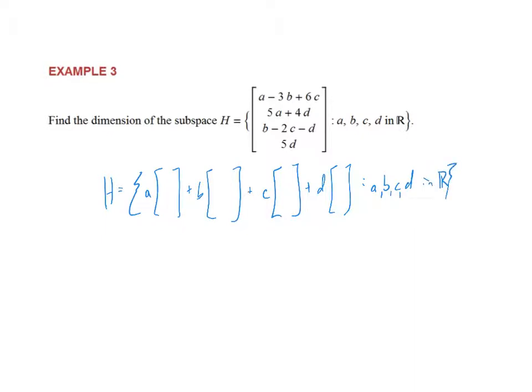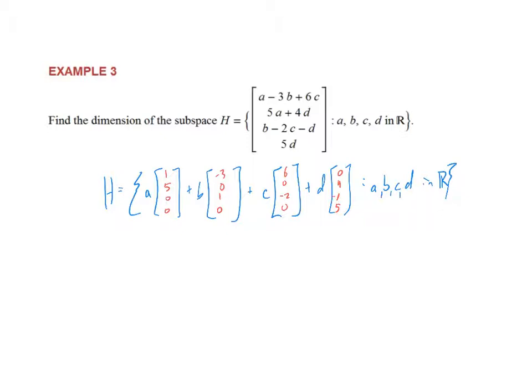What are the entries in my a vector? The coefficients are 1, 5, 0, 0. In my b vector, -3, 0, 1, 0. My c vector looks like 6, 0, -2, 0. And the d vector is 0, 4, -1, 5. So hopefully you can see how H is the set of linear combinations of those 4 vectors.